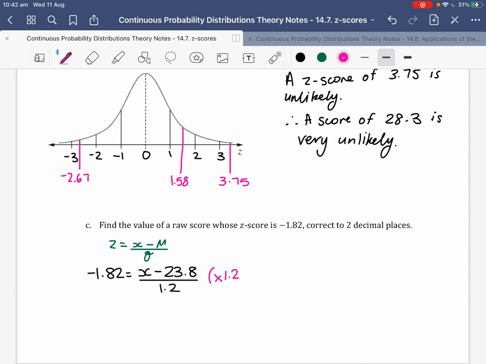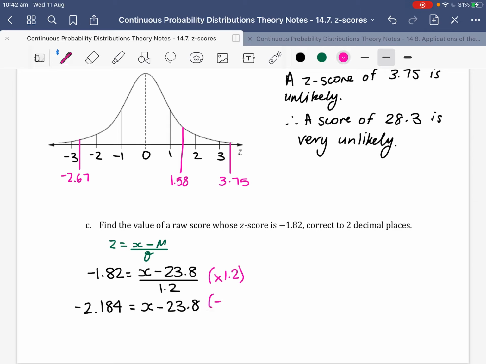So we multiply both sides by 1.2. So minus 1.82 times 1.2 gets us negative 2.184 equals x minus 23.8.